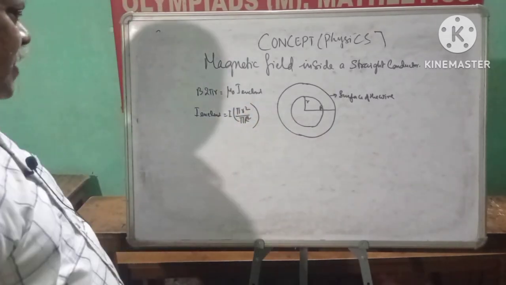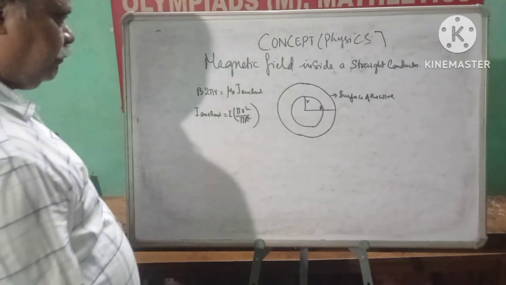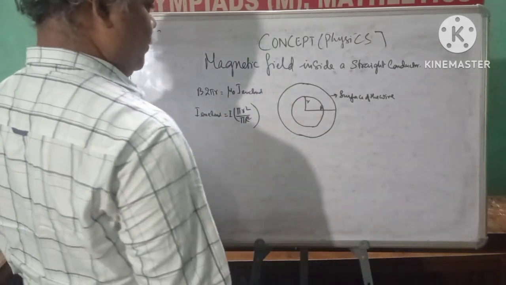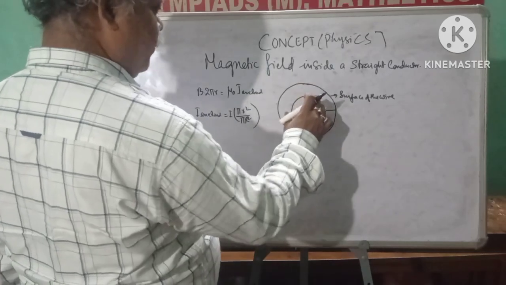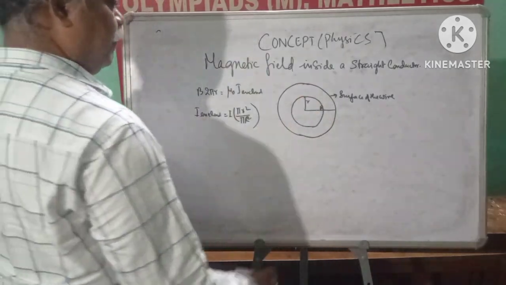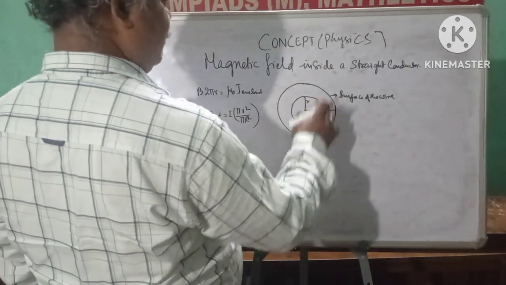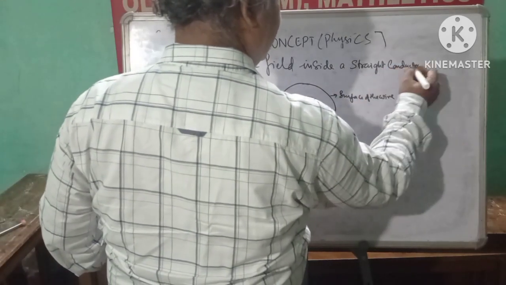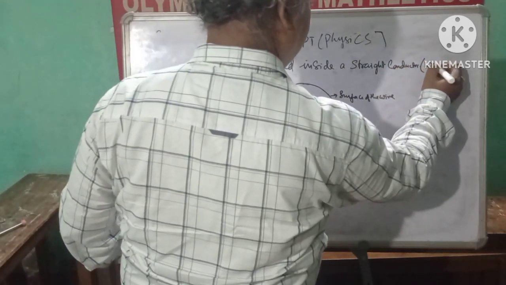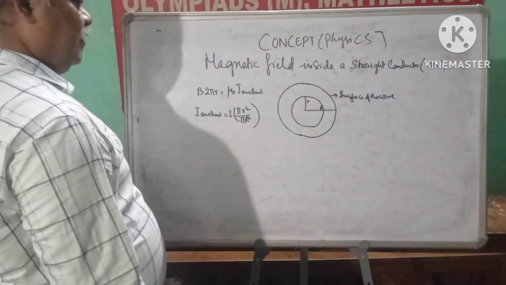This will be your current enclosed here. So this is the conductor where current is flowing through it, and this is a straight wire.